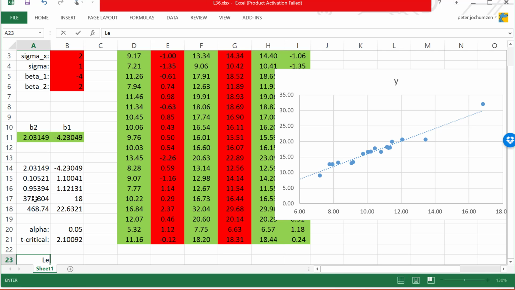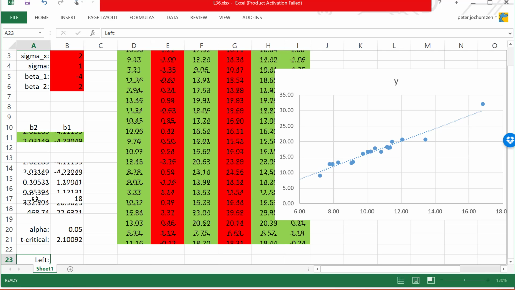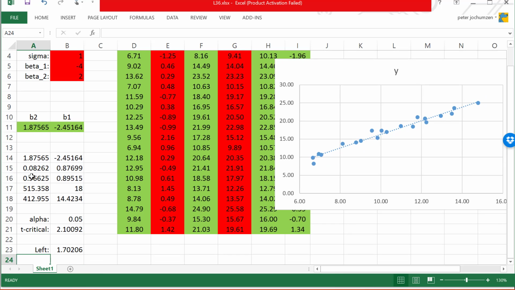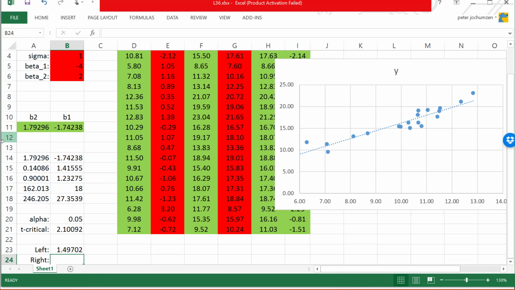So the left-hand limit of the confidence interval is then the estimated B2, let's type that, equal to this number here minus, because we're doing the left-hand side, the critical t-value multiplied by the standard error. So that would be the left-hand limit. The right-hand limit would be almost the same except with a plus sign.